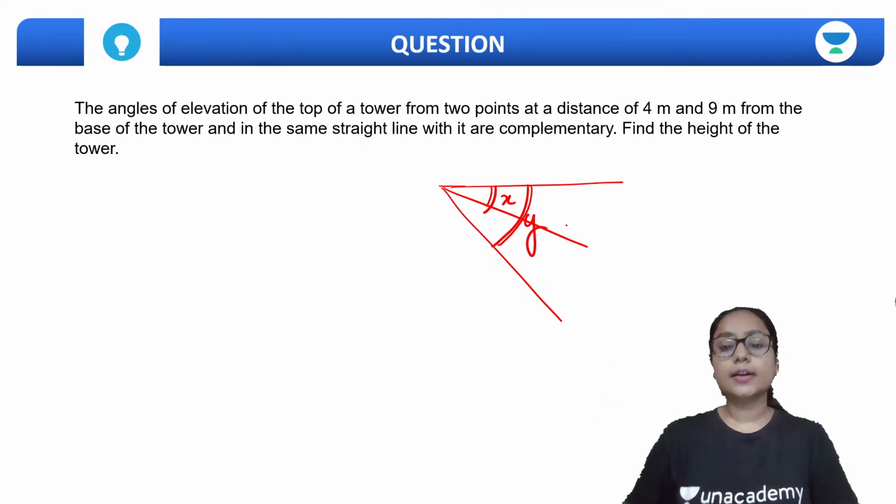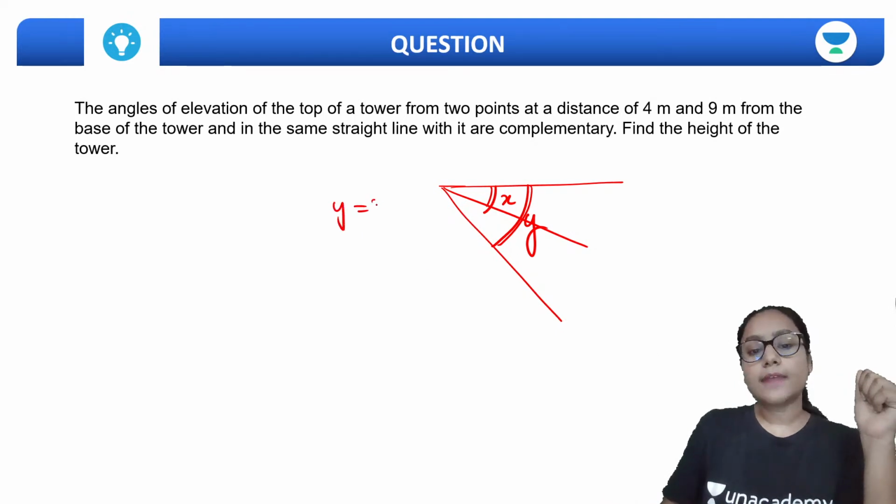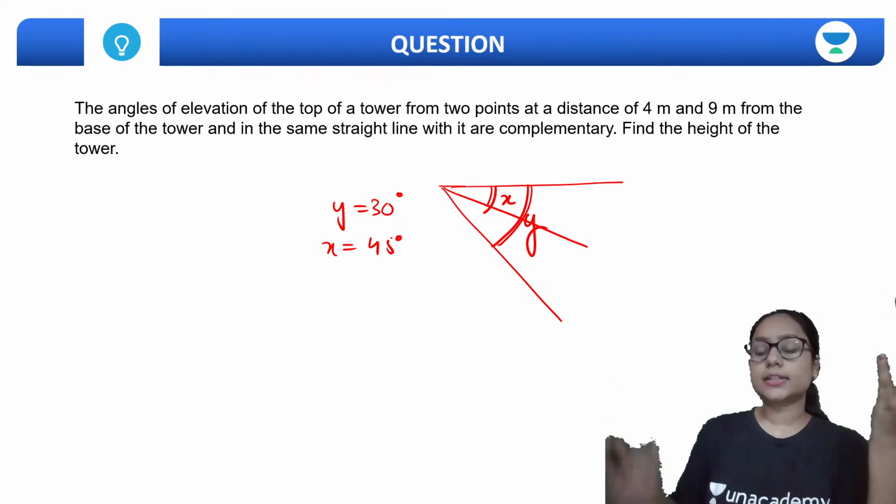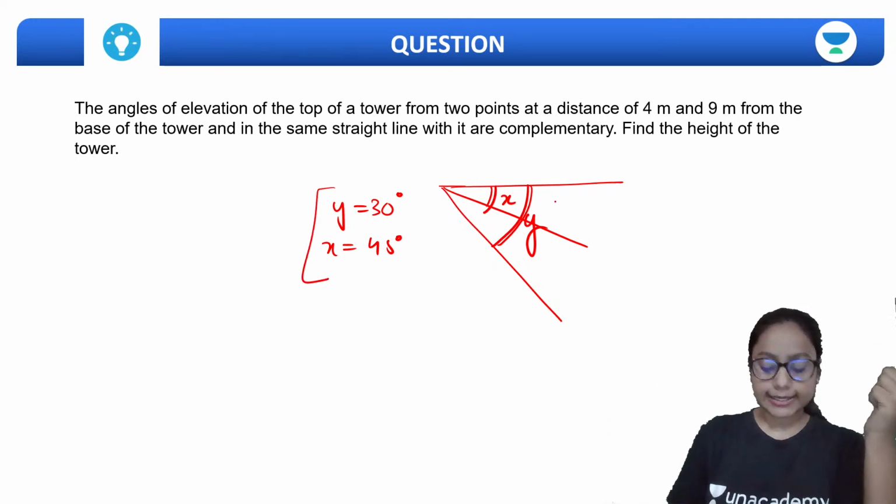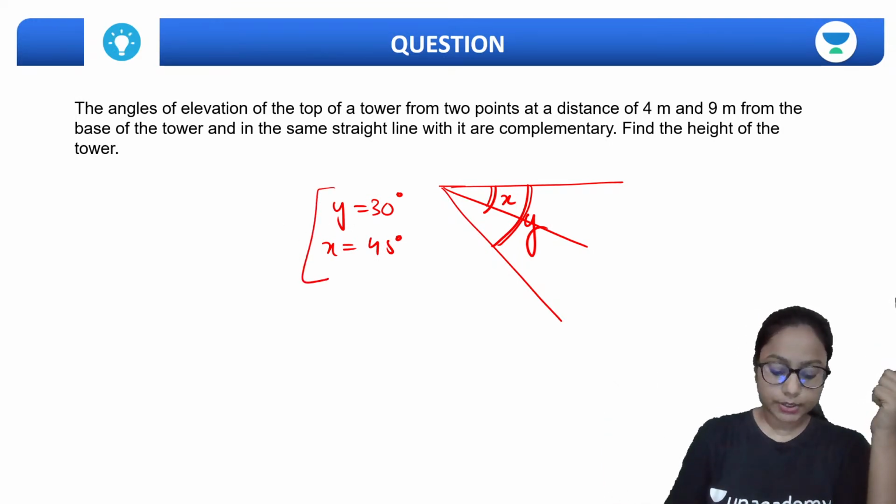Angle Y is greater. So if I write angle Y is 30 degrees and angle X is 45 degrees, is this representation correct? Think about it.